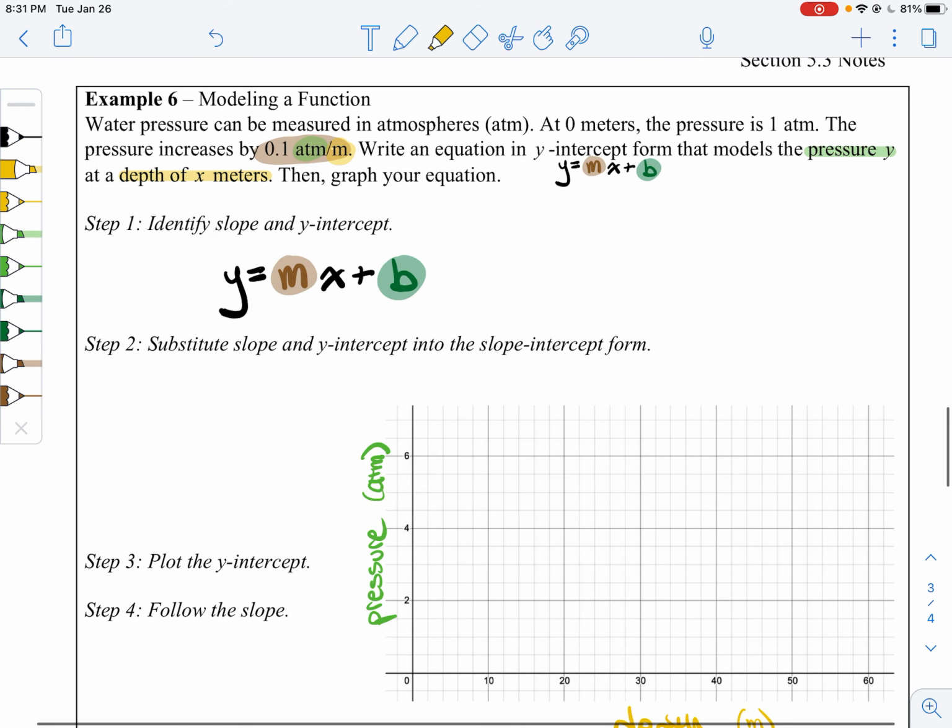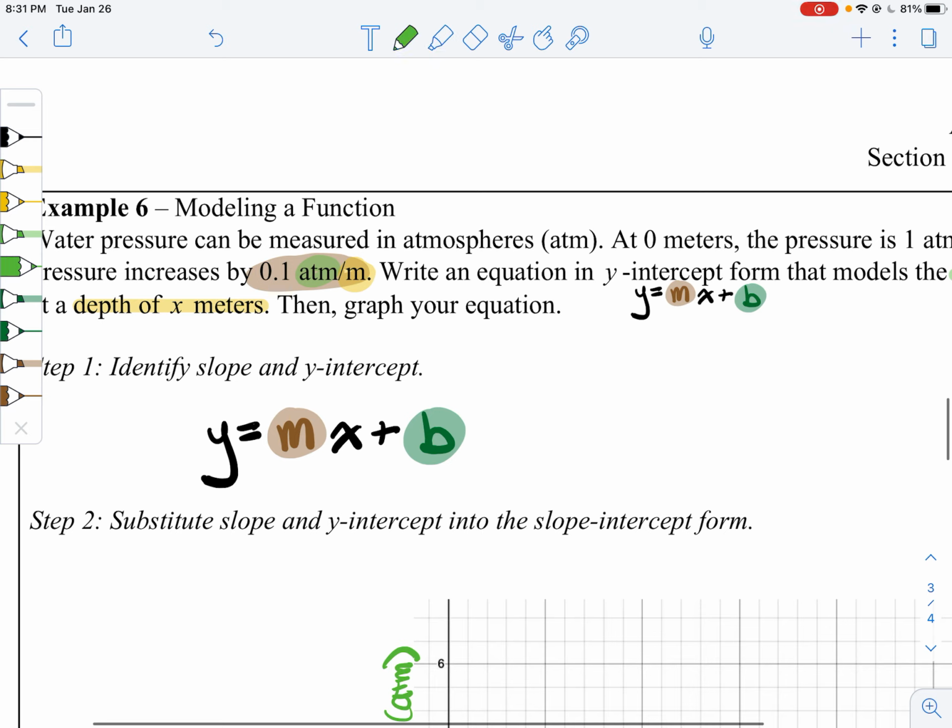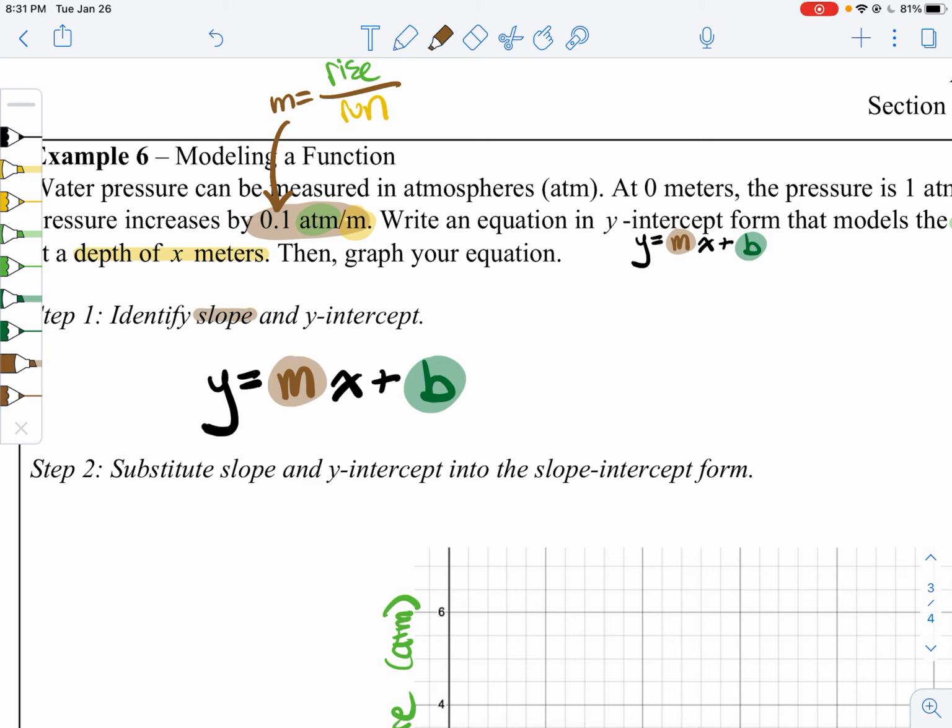So that shows us we have a rise over run. Super duper. So that's going to be our slope. So I'm just going to take our slope and replace it. But what's our y-intercept?